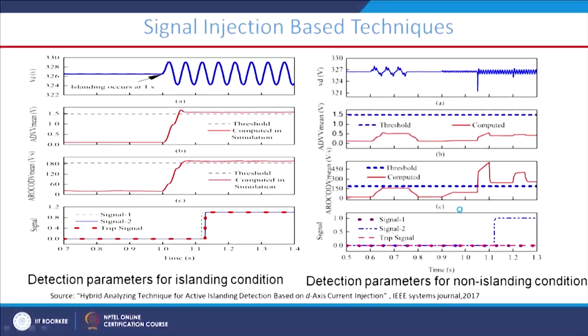This is how they have simulated the system and they have kept a few signals in front of us. We will discuss it, and we have taken it from this particular paper or article. You can download it and read more about it. To be honest, there are many research papers based on this active islanding technique.